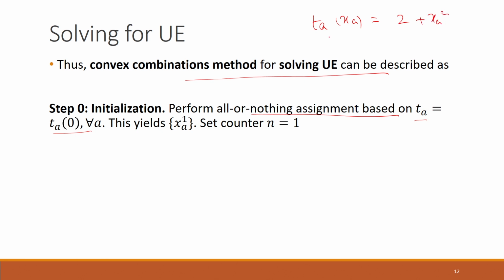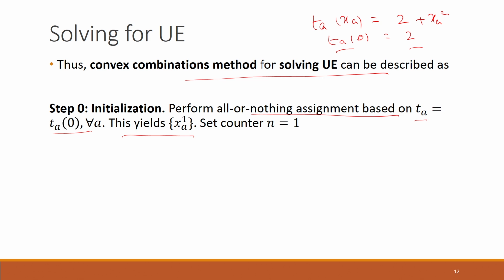Then TA0 is equal to 2, because this is the travel time on this link when the flow through that link is 0. So if we assume that the flow through all the links is equal to 0, then you will get constant travel times for every link. With that you can do all or nothing assignment. That will give you some flows through different links, and you can use that as the initial solution.